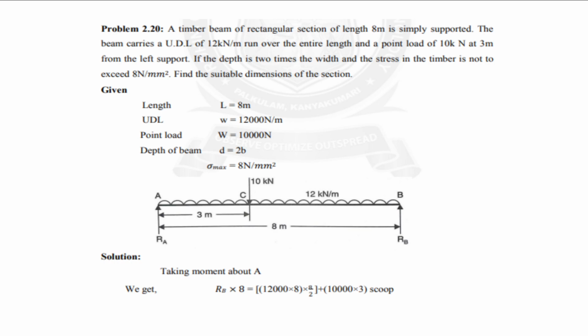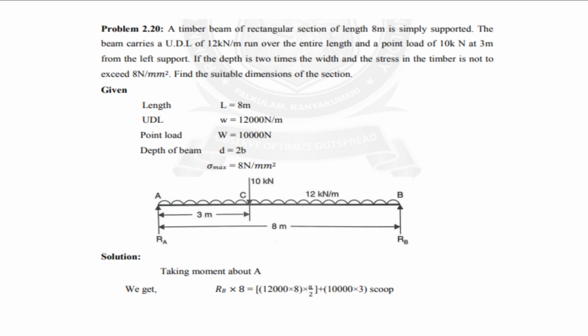If the depth is 2 times the width and the stress in the timber is not to exceed 8 Newton per mm square, find the suitable dimensions of the section. So given values: length 8 meter, UDL 12,000 Newton per meter, point load 10,000 Newton, depth of beam d is equal to 2b, sigma max is equal to 8 Newton per mm square.